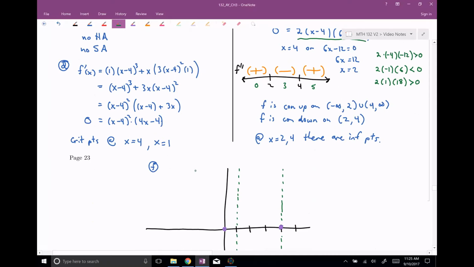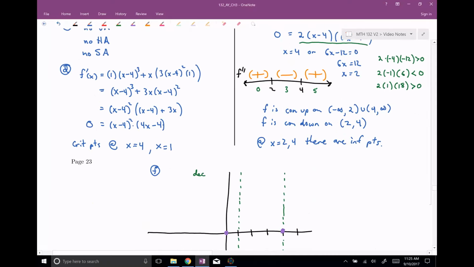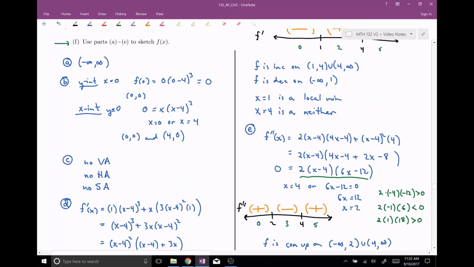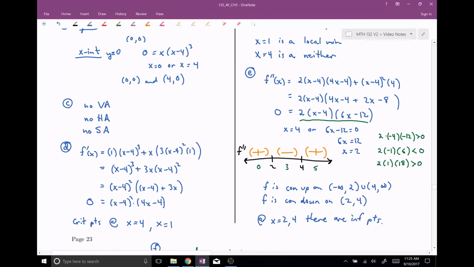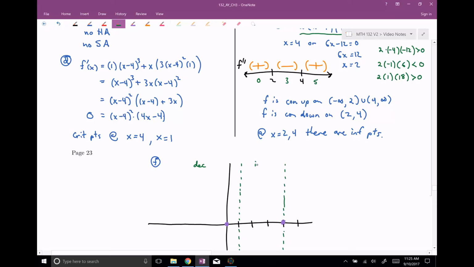So over here we have decreasing. Then between 1 and 4, we have increasing. And then we have more increasing after 4. So we have decreasing, increasing, increasing. I'm just writing things out for right now, and then we'll sketch it here in just a second.